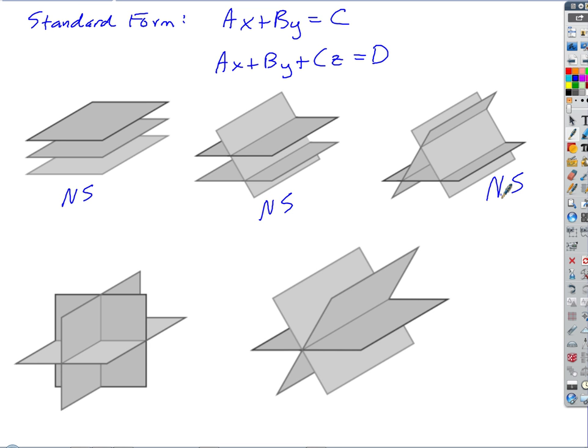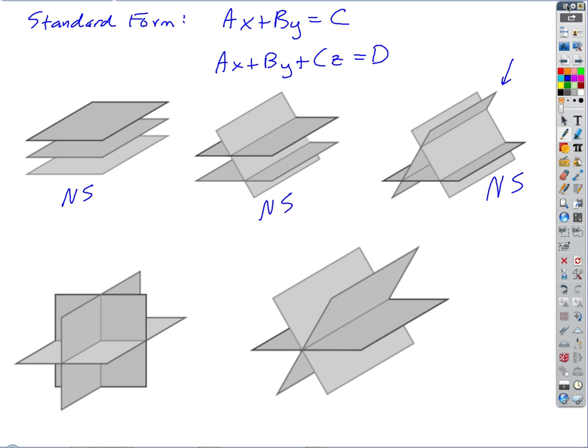For example, these 2 planes intersect in a line, and these 2 planes intersect in a line, but the lines are all parallel. So once again, there is no point in this picture where the point is simultaneously on all 3 planes.